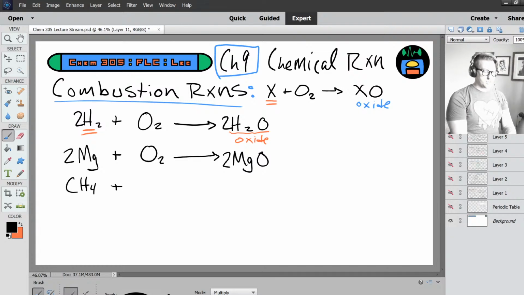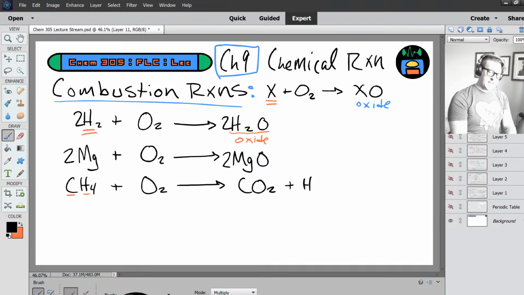It's usually hydrocarbons, right? So, for example, CH4 reacts with O2 to produce. Now, this one's interesting because you'll notice that we have carbon and hydrogen. And when a hydrocarbon is combusted with oxygen, you make two oxides. You make the carbon-based oxide and the hydrogen-based oxide.